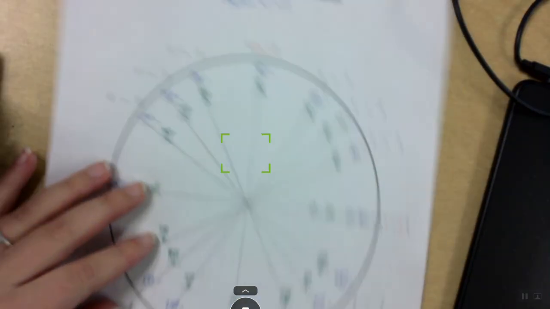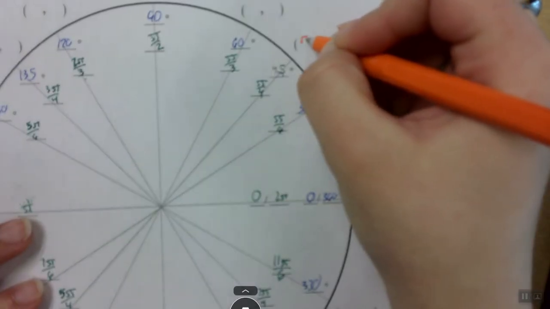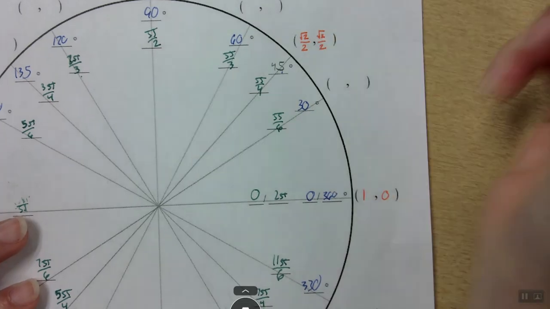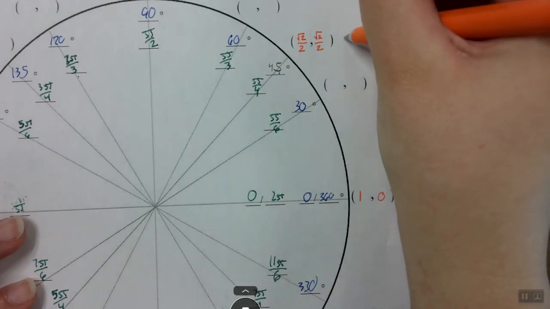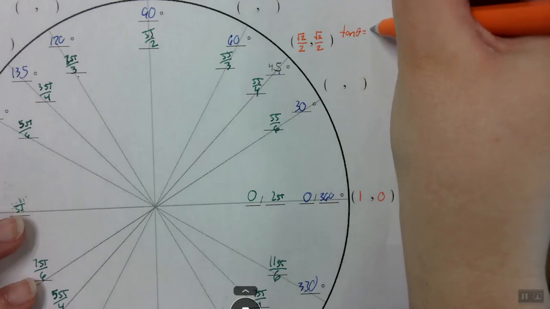Landon, what degree are we at? Yep, 45. So we know that this is square root of 2 over 2 and square root of 2 over 2, and tangent of theta equals 1.